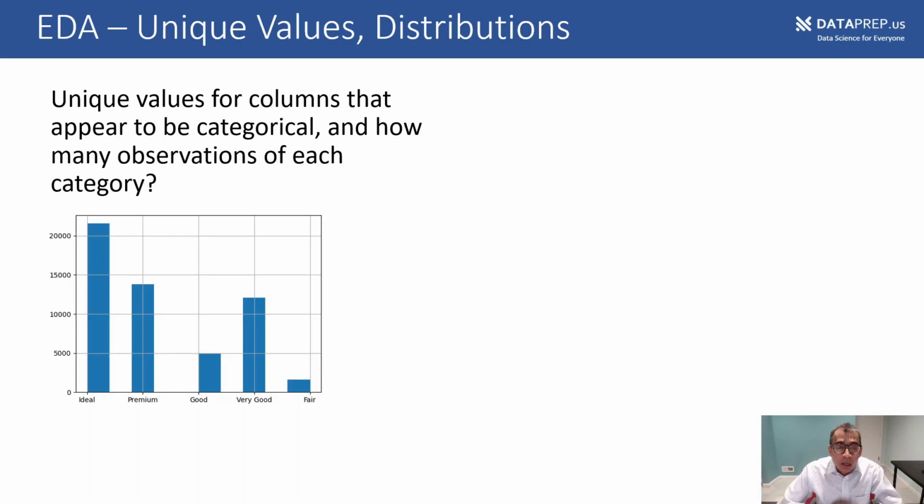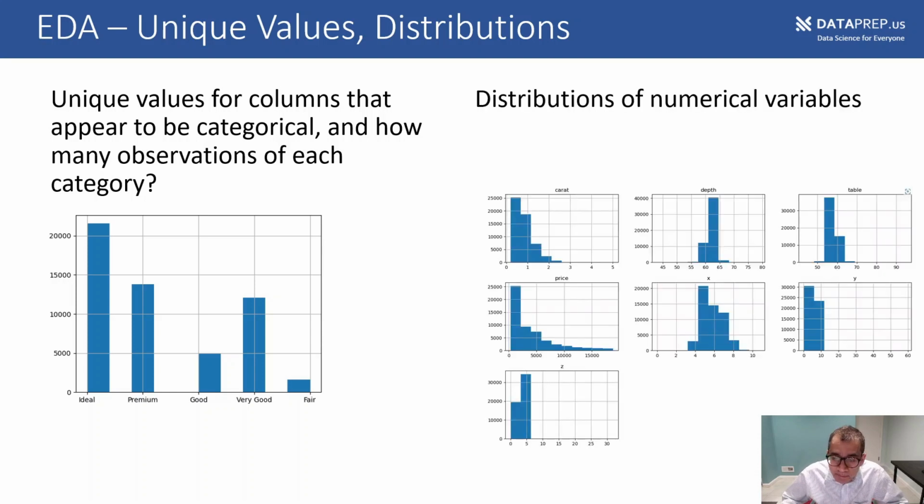Continuing on, we would also be interested in the distributions of our data. So for example, in our diamonds data set where we have all these different cuts, ideal, premium, good, very good, and fair, we can construct a histogram fairly easily to see how the data is distributed across different categories.